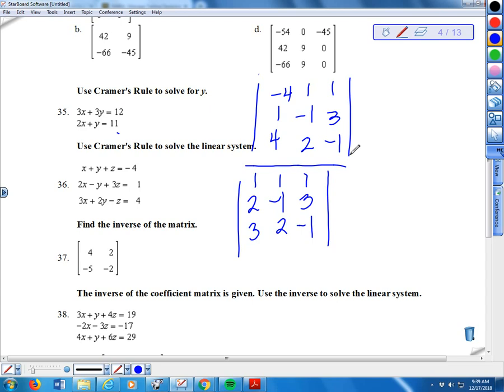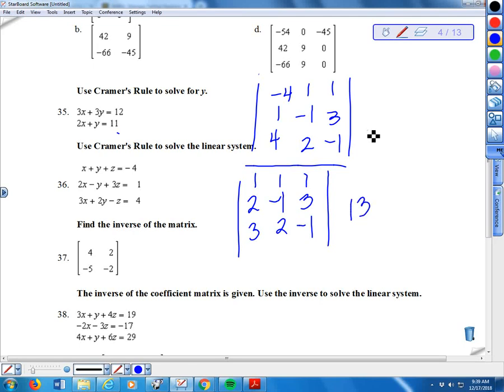And then I'm going to go determinant of A. Determinant of A. 13. So my denominator is 13.